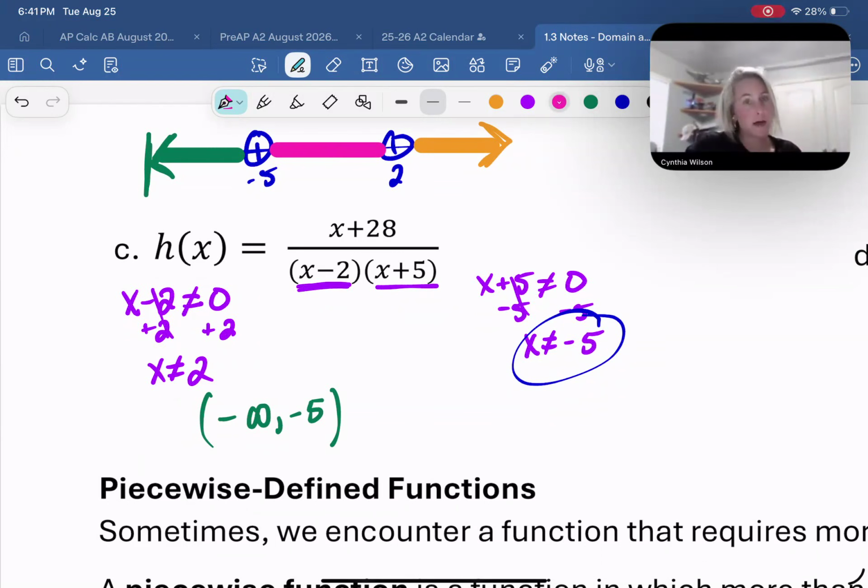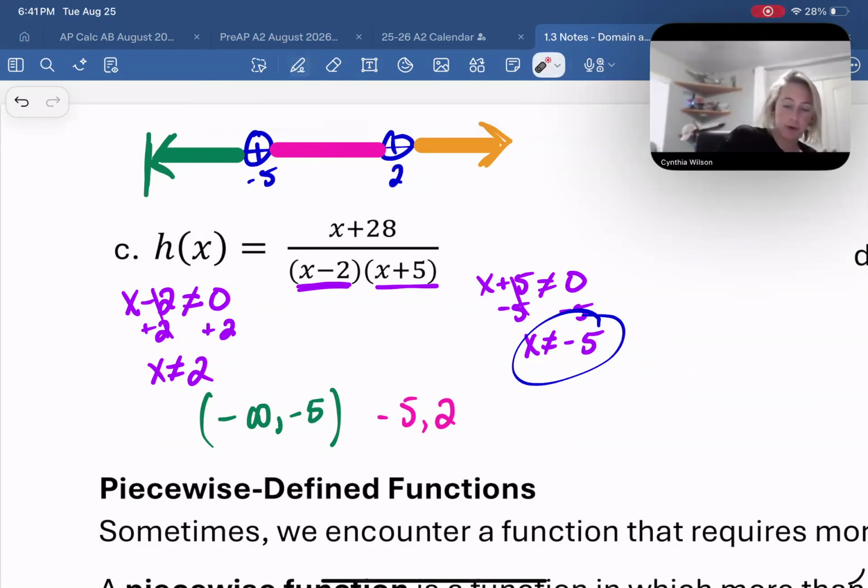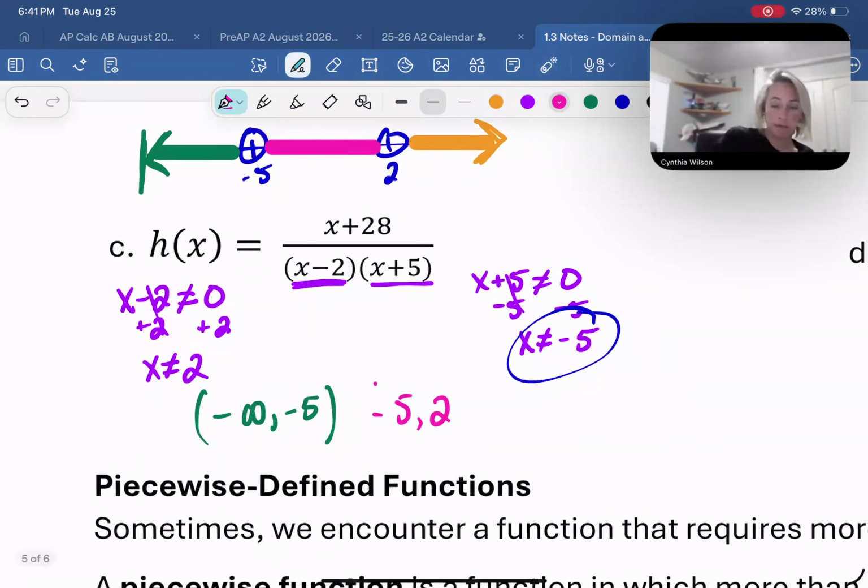Now I'm in the pink interval. Where does pink begin? Still a -5, right? Where does pink end? Yeah, pink ends at the 2. Beginning at -5, ending at the 2. Both open, both parentheses. Okay, remember it's beginning to end, left side to right side.